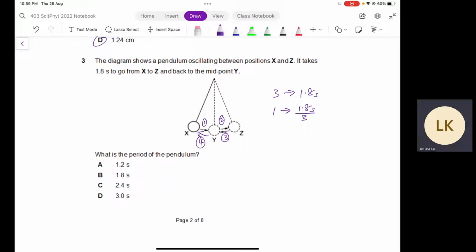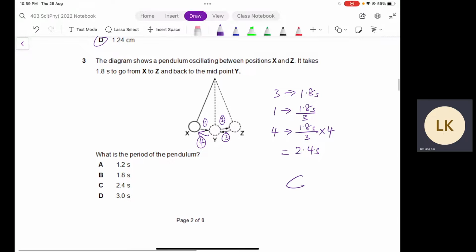For those who are unfamiliar, you just need to divide by 3 first, then multiply by 4. So 1.8 seconds divided by 3, multiplied by 4. If you've done it correctly, your answer should be 2.4 seconds. Hence, the answer is C.